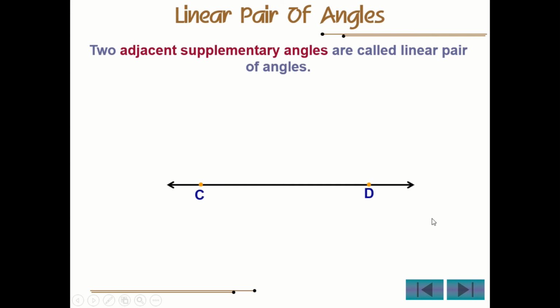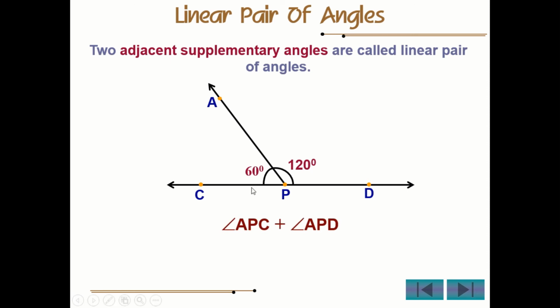Okay. So, are they a linear pair? Yes, because if we add 60 and 120, that is 180 degrees.